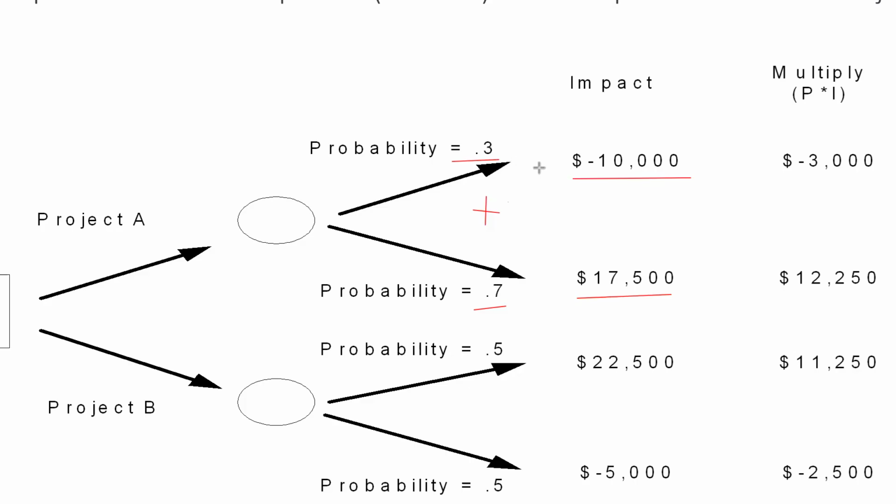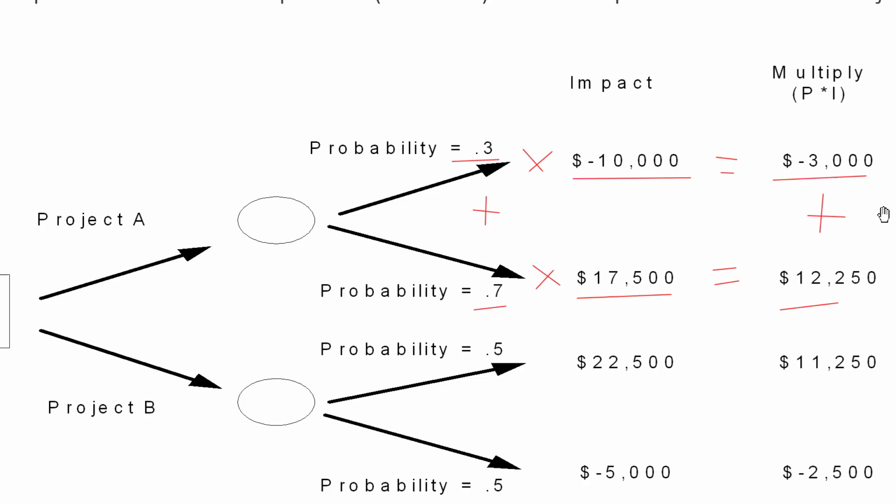So once you've determined it's equal to 1, what do you now do? You multiply probability and impact, and this is called risk exposure. You multiply probability and impact, and we get our risk exposure. So here we have minus $3,000 and we have 12,250. The next thing we do is we add up all the risk exposures to get the expected monetary value, which is minus 3,000 plus 12,250.